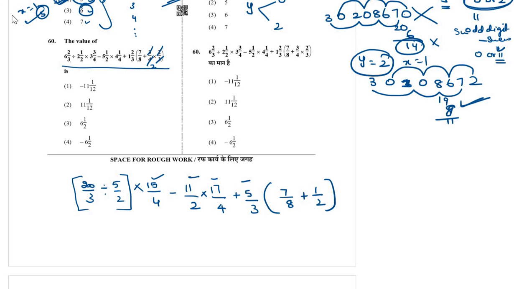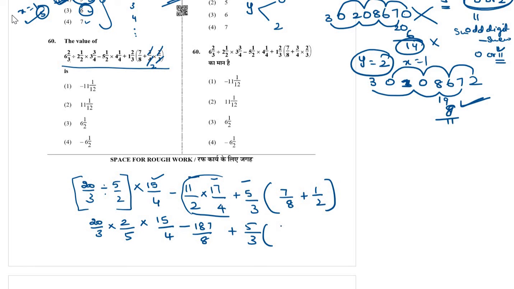So here it is division, and division becomes multiplication by the reciprocal. 2 by 5 into 15 by 4, minus 11 into 187, multiplication. We can multiply these two, a single term. 187 divided by 8 plus 5 by 3 into, here also 8 is the LCM, so multiply with 4.